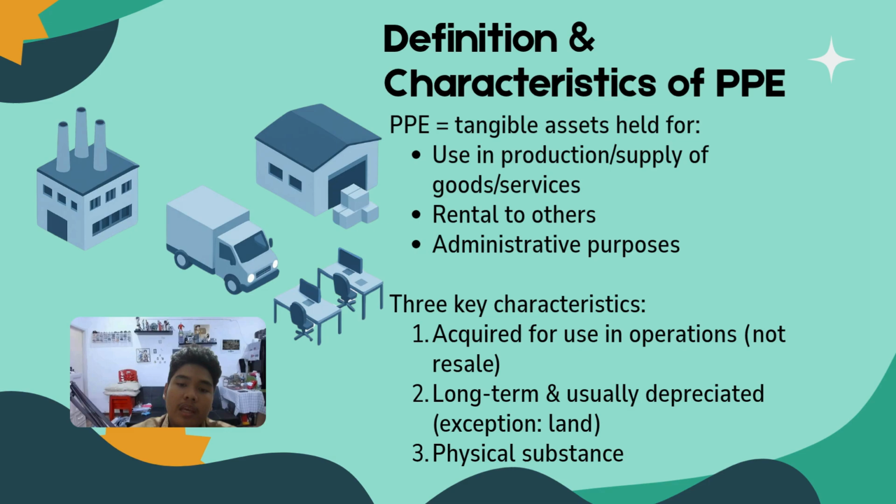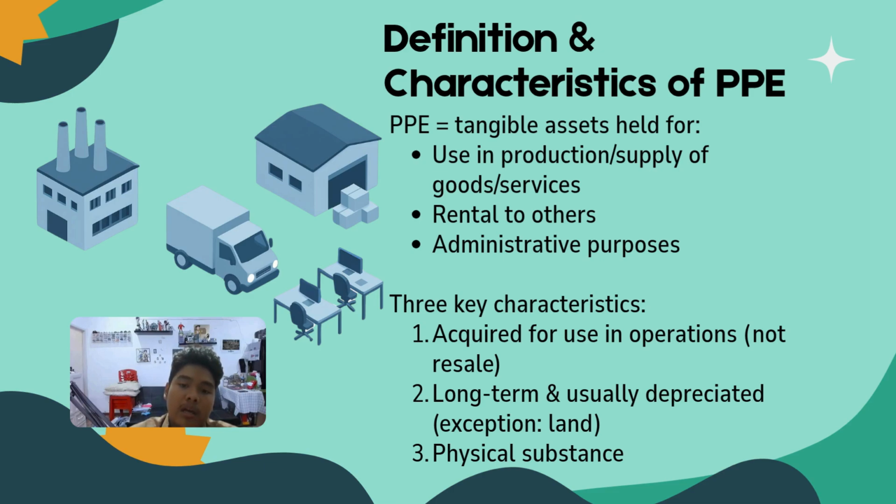There are three key characteristics that distinguish PPE from other types of assets. One, they are acquired for use in operations, not for sale. Unlike inventory, these assets are meant to be used within the business.